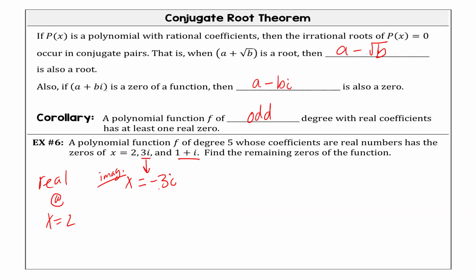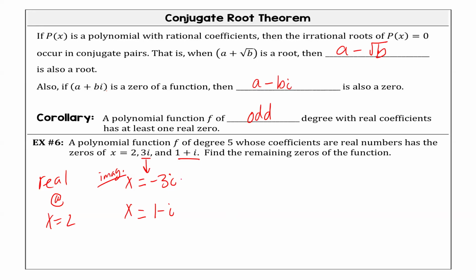So x equals negative 3i. Then where's my other one at? I have 1 plus i, so where's my other imaginary? It has to be at 1 minus i. The 1 doesn't change. Your imaginary is what's changing.